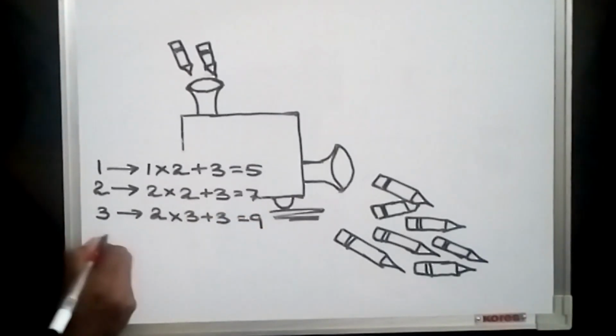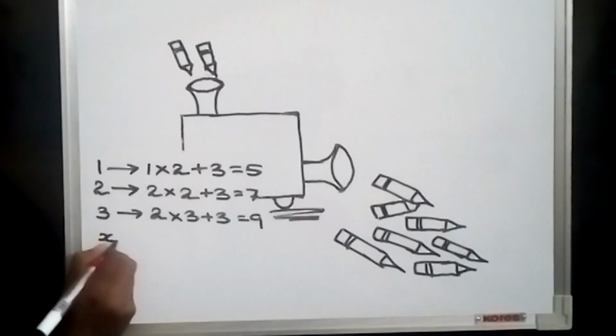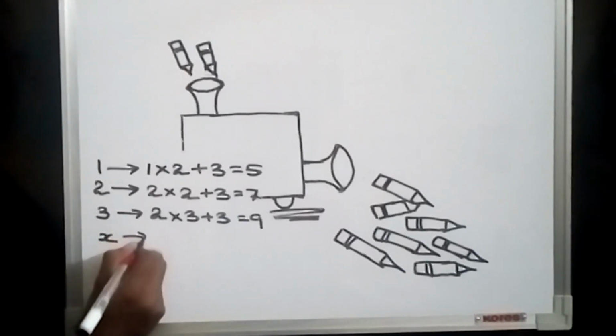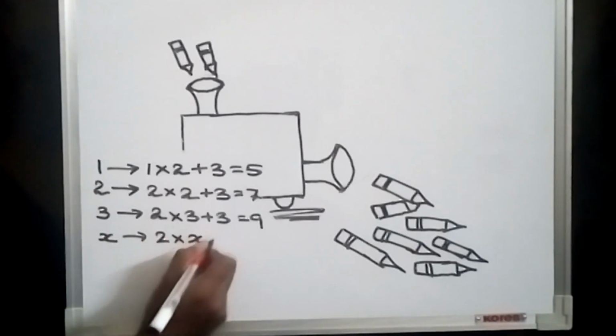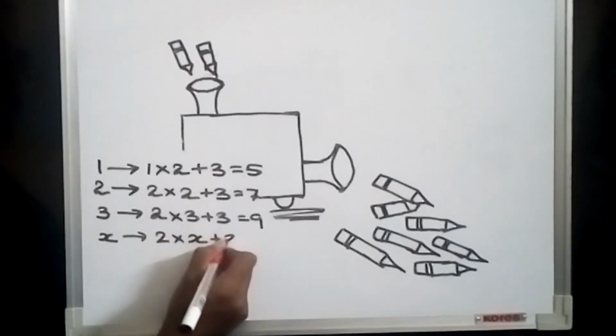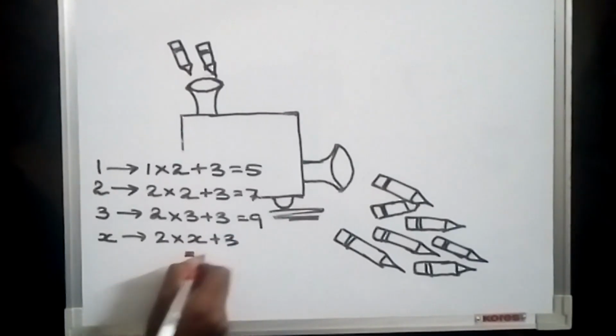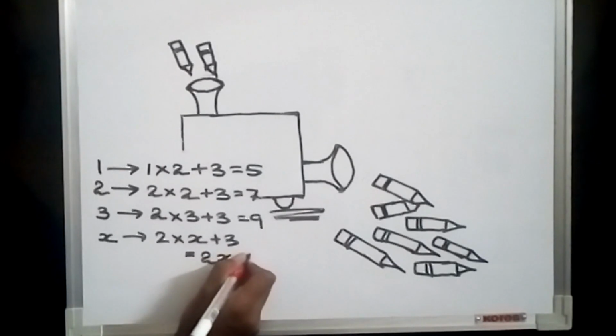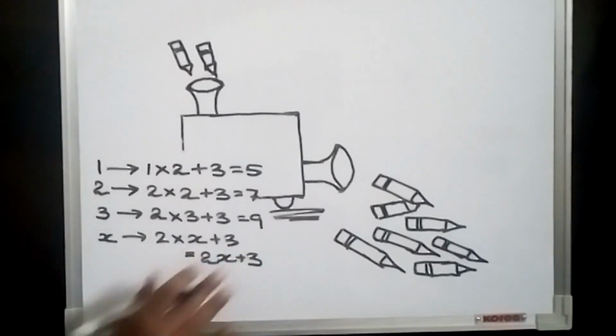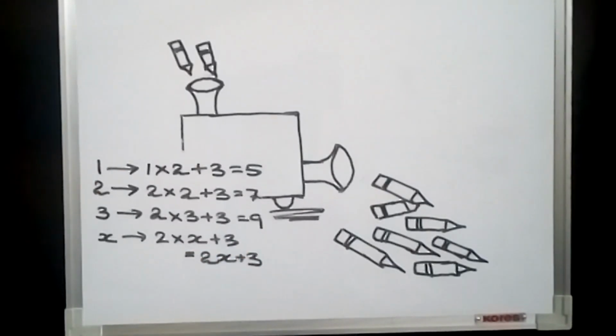And what if I put x into this machine? I will get 2 into x plus 3 equal to 2x plus 3. And it is the function of the machine.